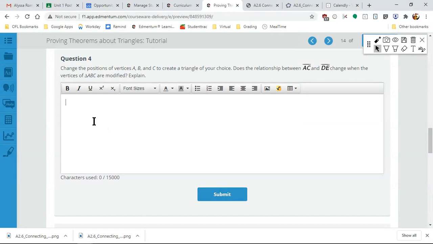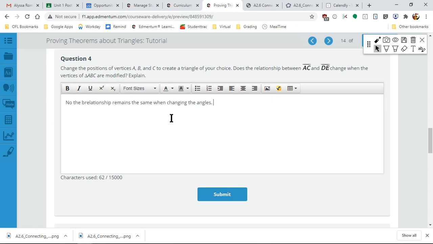All right. So change it. Does the relationship change? No. The relationship remains the same when changing the angles.